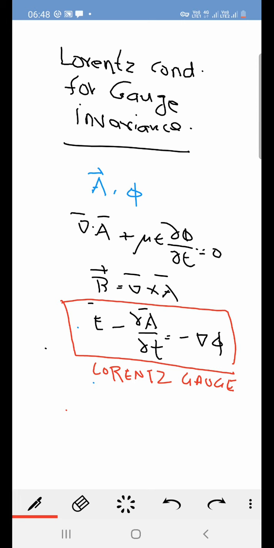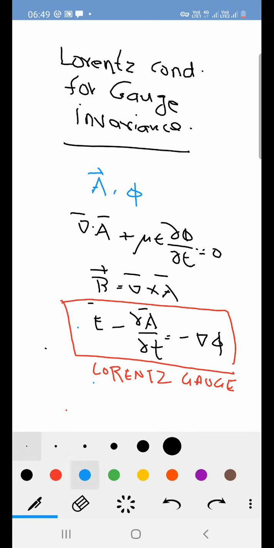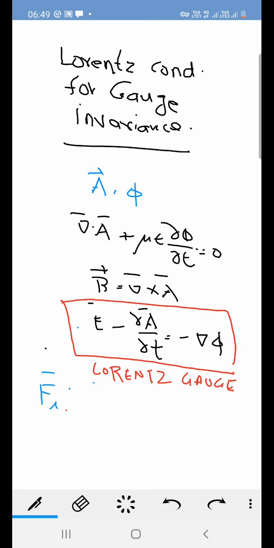Now it is based upon the concept that the Lorentz force F_L acting on a charged particle in an electromagnetic field can be written in terms of the two potentials. The Lorentz force acting on a particle, obviously a charged particle, in an electromagnetic field.